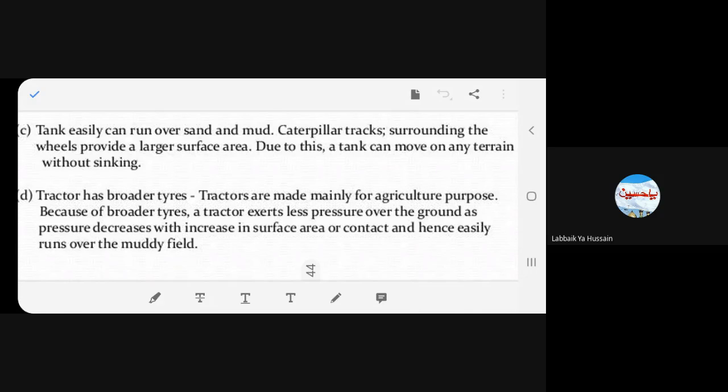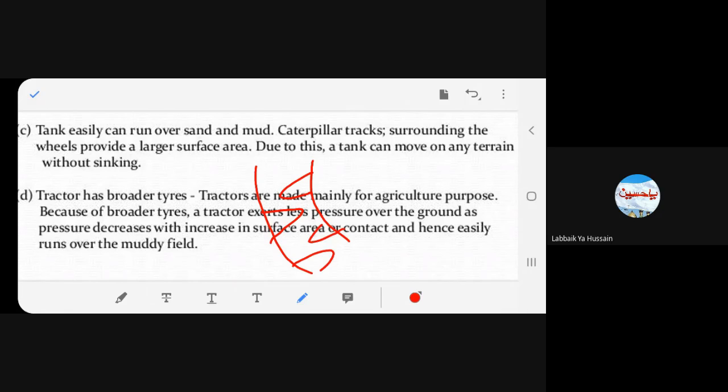The same thing is observed in tanks. Artillery tanks, that are used for war, those are called tanks. Now, those tanks can easily run over sand and mud. They can move anywhere. They can even move on small mountains. They can even move in valleys. There are tracks. Tracks means you can see the grooves on tires. These are the tires. You can see these tracks on tires. So there are caterpillar tracks surrounding the wheels.